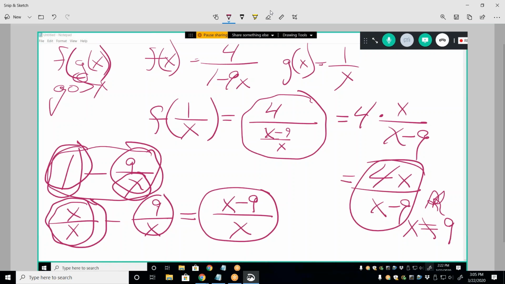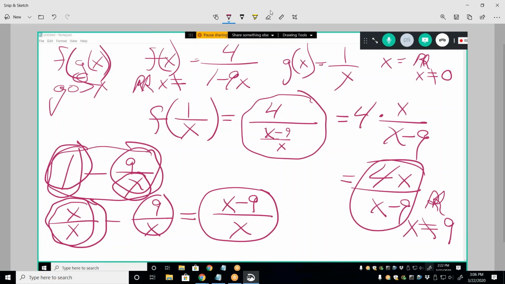Now, let's go back and check the domain of both f and g of x. Well, g of x is all real, except what? Zero, except for 0. And f of x is all reals, except for what? What makes the denominator 0?